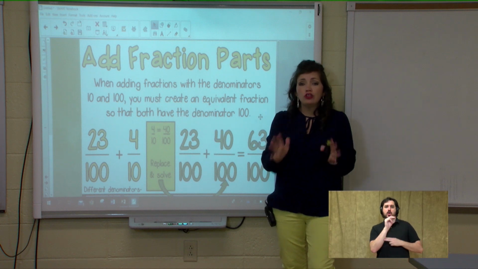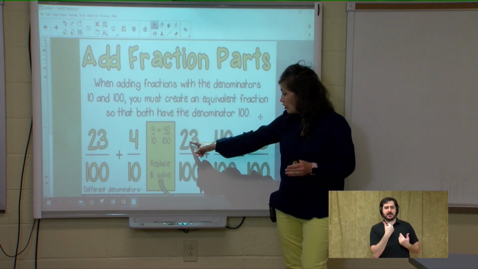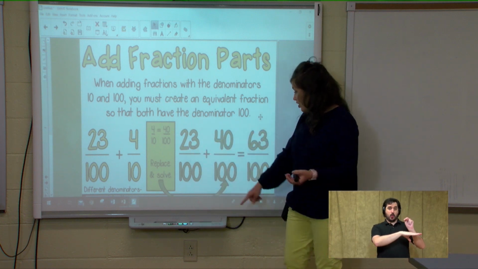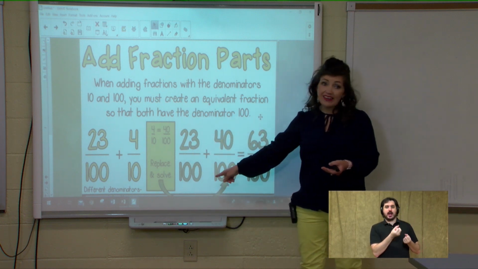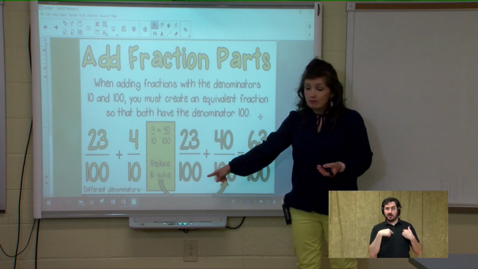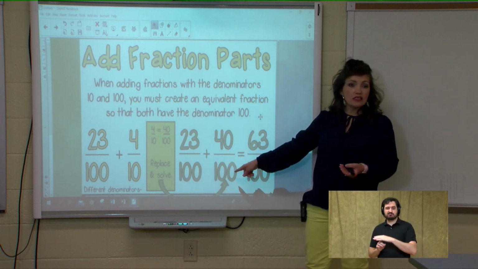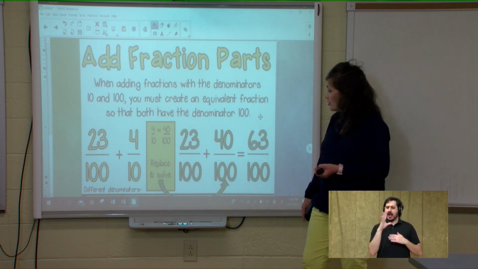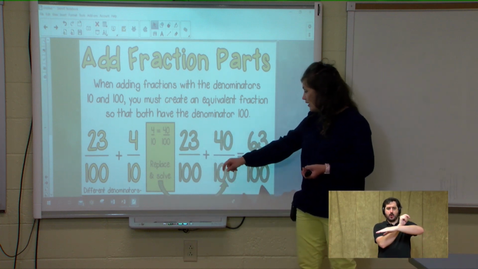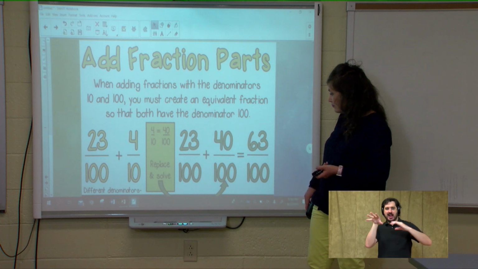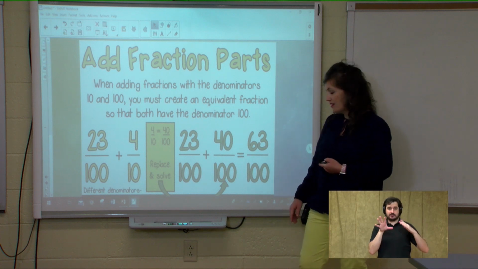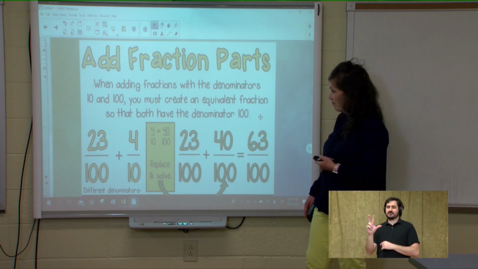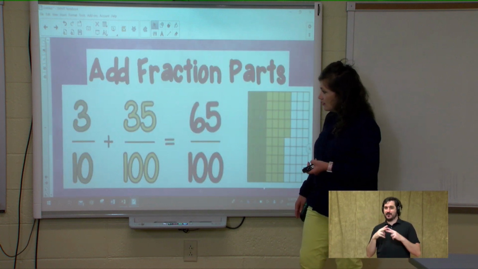So our numerator tells us how many of those units we have. When we're adding, we're not going to add our denominator because the number that it's out of does not change. We only add the numerator. So we're going to add 23 plus 40. And what does that equal, guys? 63 hundredths. Very good.